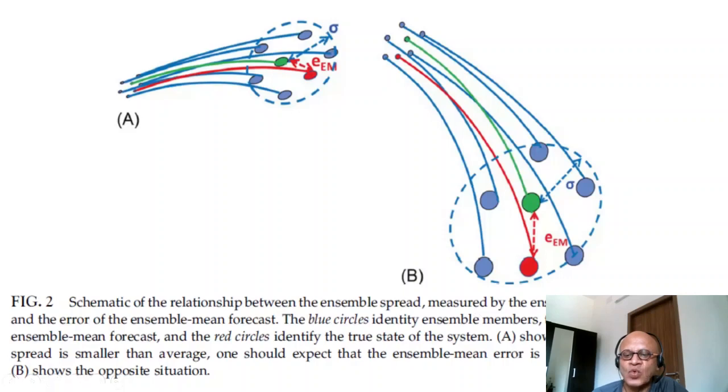A shows that when the ensemble spread is smaller than average, one should expect that the ensemble mean error is smaller than average, and B shows the opposite situation. So here the ensemble spread as a standard deviation and the ensemble mean error. So you can see the error is larger and the standard deviation of the ensemble members is larger.